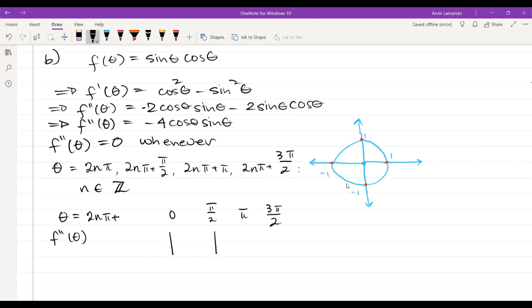If theta is between 2n pi plus 0 and 2n pi plus pi over 2, so that's the first quadrant, the sine function is positive and the cosine function is positive.